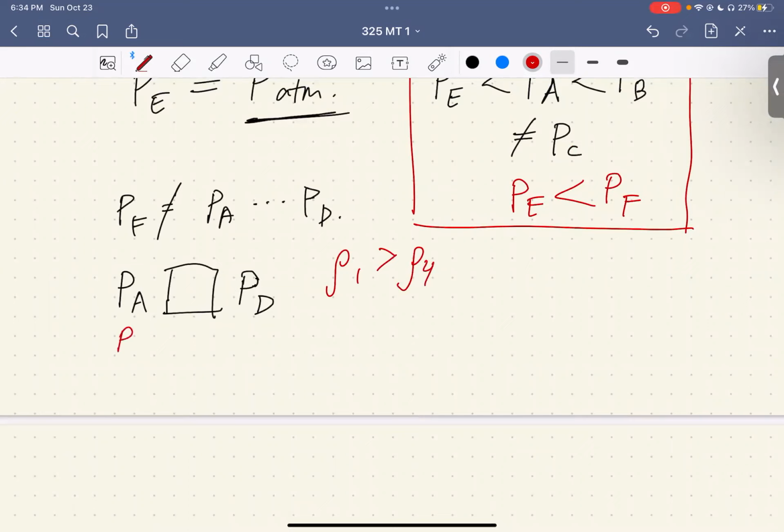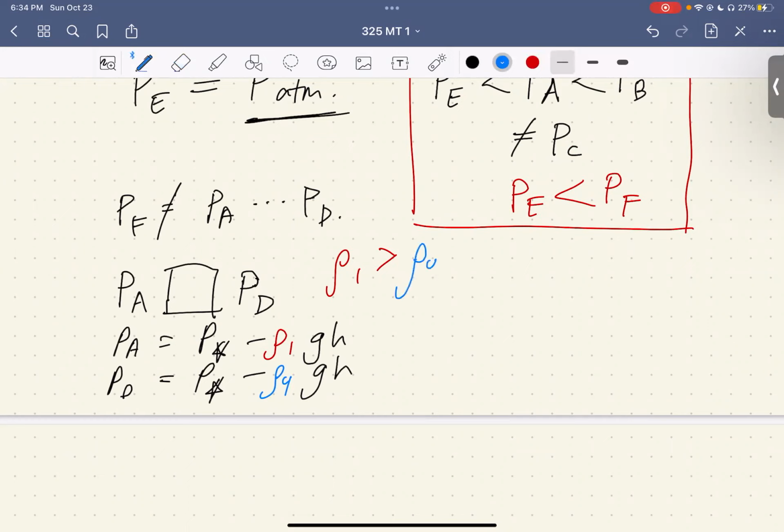If we write out those again, PA, PD, P star minus, since we're going up, GH, same GH, and we have rho 1, and we have rho 4, and rho 4 is less than rho 1.